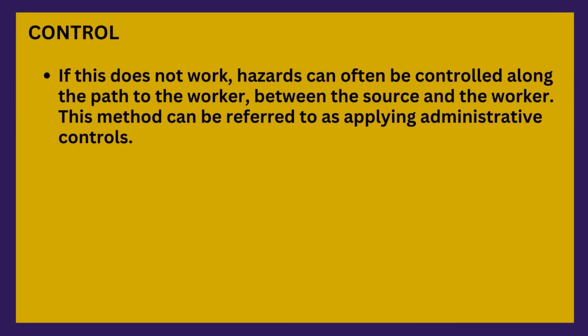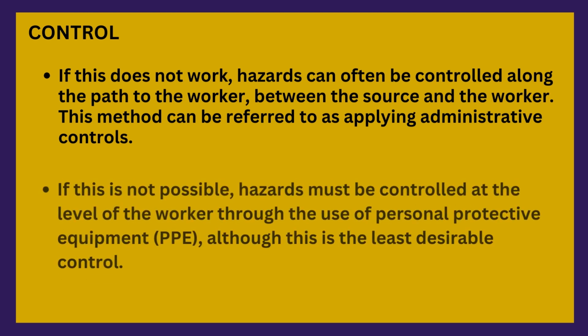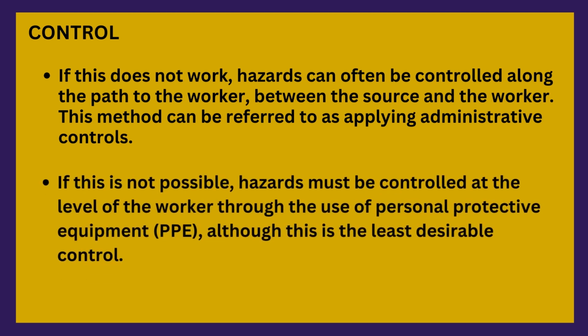If this does not work, hazards can often be controlled along the path to workers, between the source and the worker. This method can be referred to as applying administrative control. If this is not possible, hazards must be controlled at the level of the worker through the use of personal protective equipment, although this is the least desirable control.